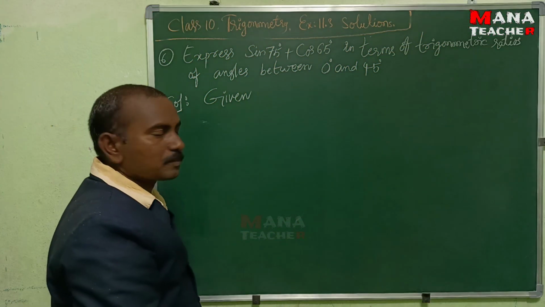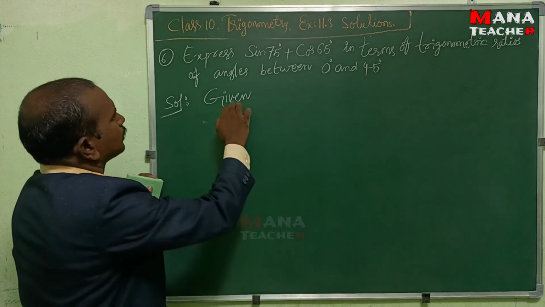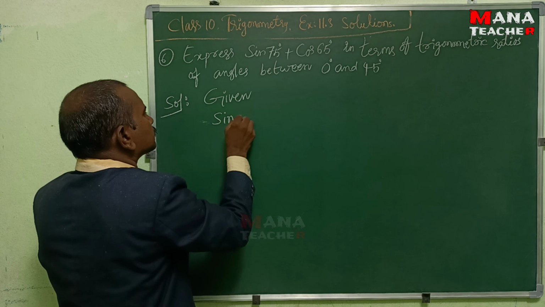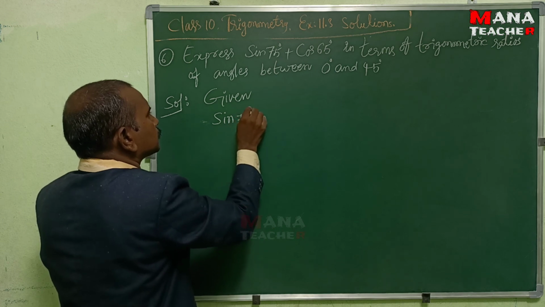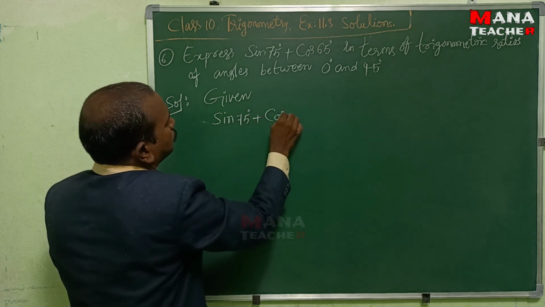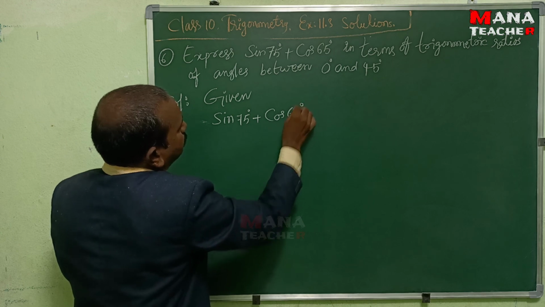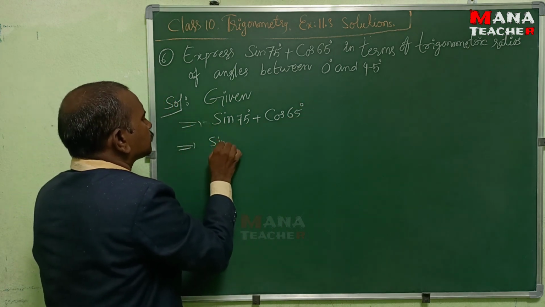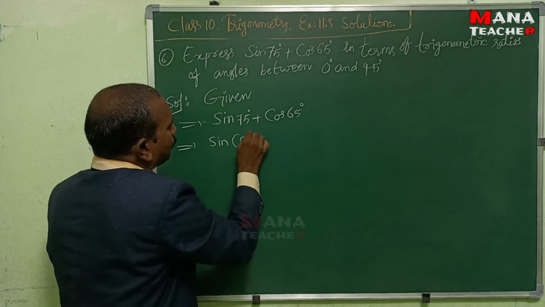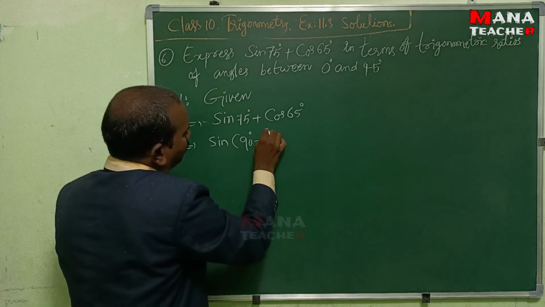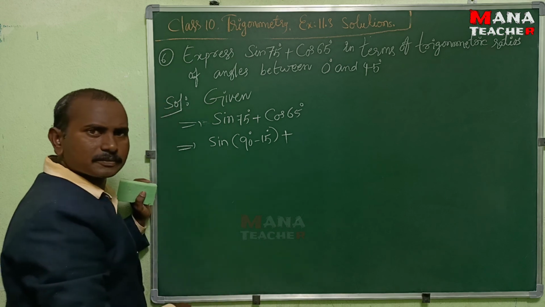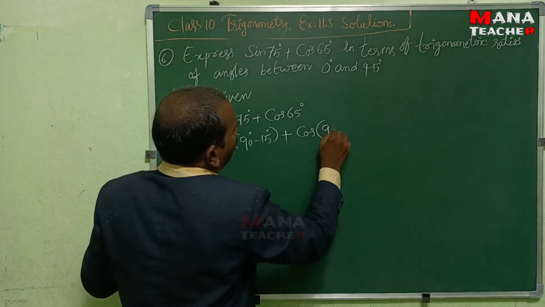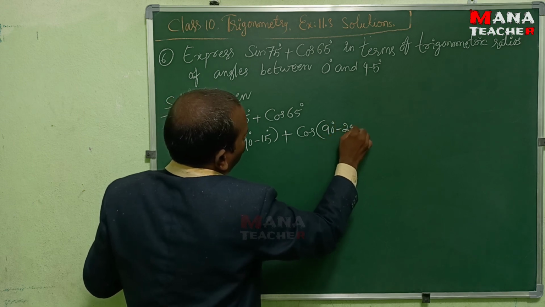Now sixth, given sin 75 plus cos 65. Now sin 75 write in the form of sin of 90 degrees minus 15 degrees plus cos of 90 degrees minus 25 degrees.